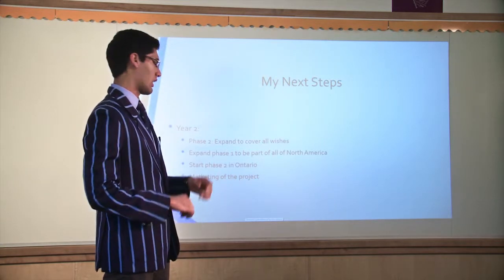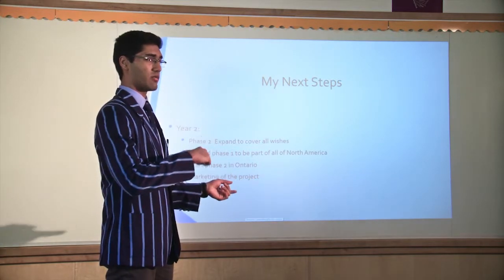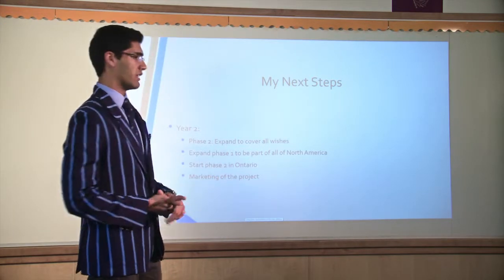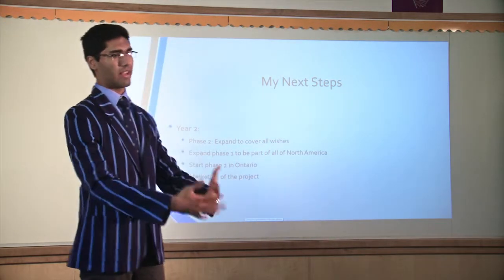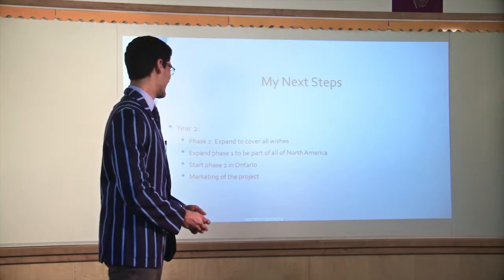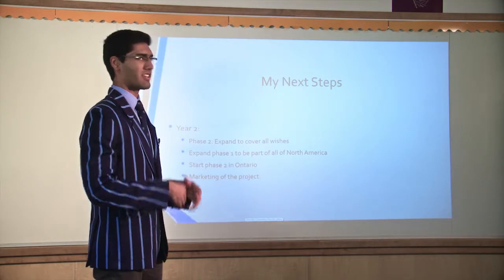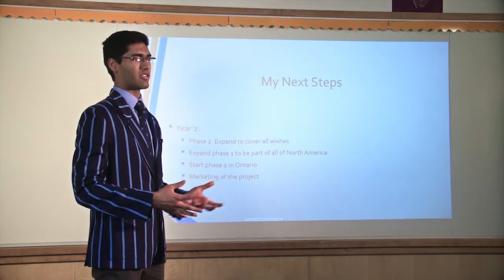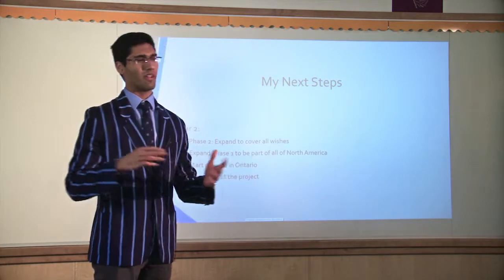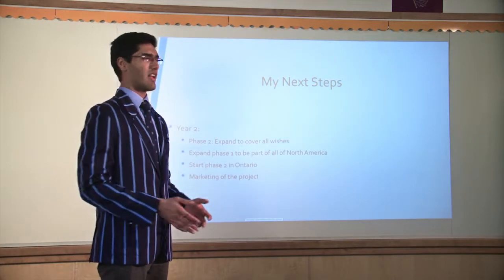And then expand the phase 1 part to not just Canada, but all of North America, and start phase 2 as a beta or prototype in Ontario, and continue marketing for the need for the project, because currently people in Canada do understand it, but people outside might not.